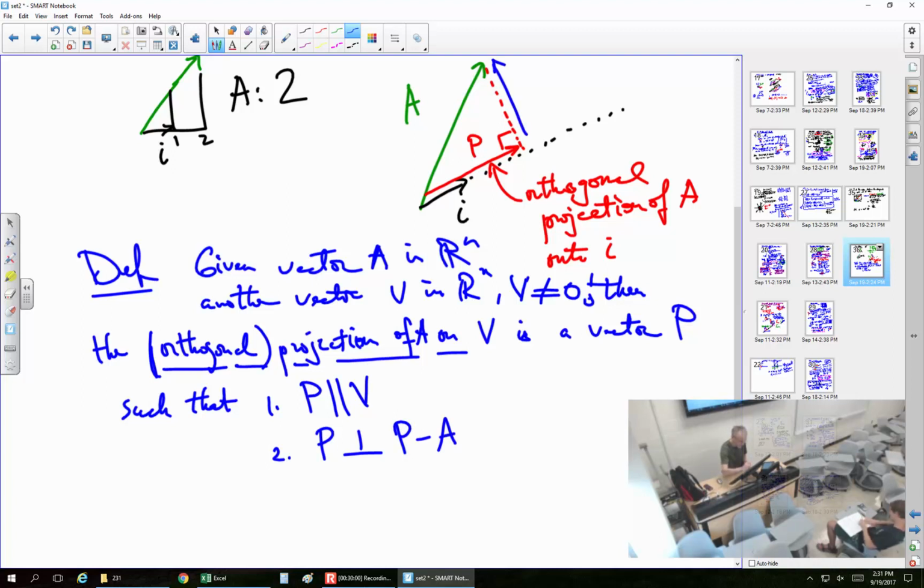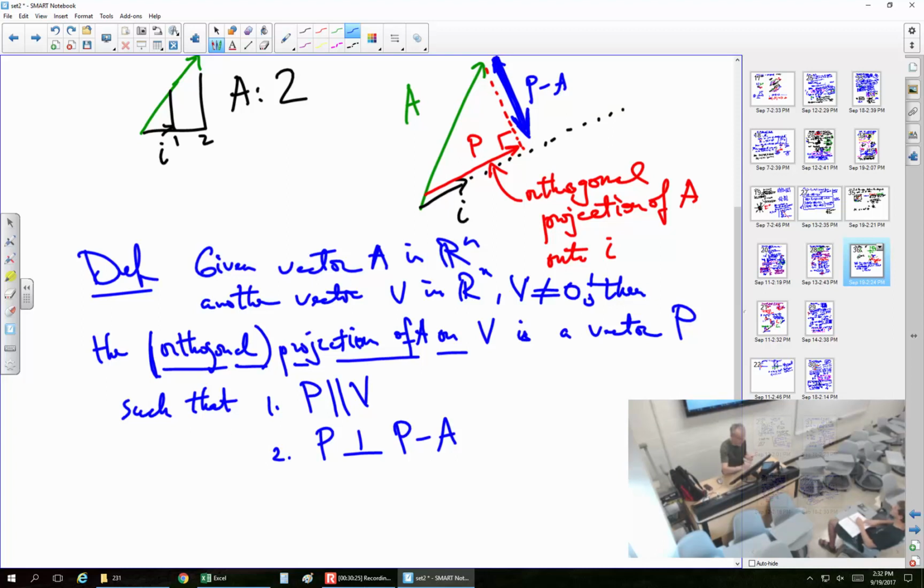P minus A or A minus P, it's all the same pretty much. So this one is A minus P, not that it matters. I could just go down like this. So this is P minus A, the one that goes down.